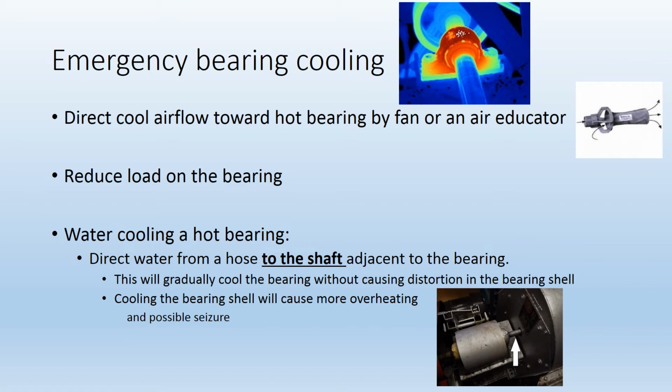You can try to direct some cool air across the bearing to help reduce its temperature. You can use an air hose if you have an adductor, or you can make an adductor. That's to help get a larger volume of air blowing over top of your bearing to help shed some of the heat off of the bearing to bring it back into operating range.